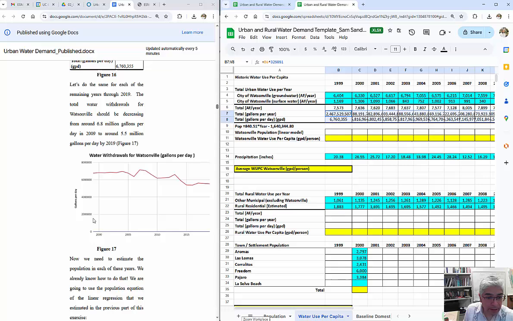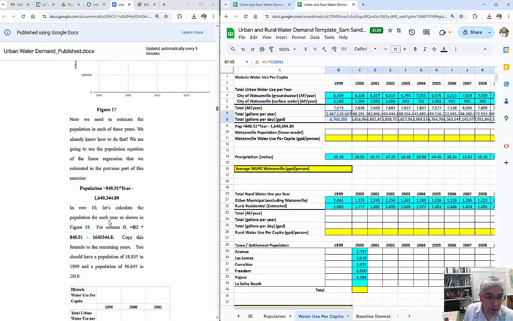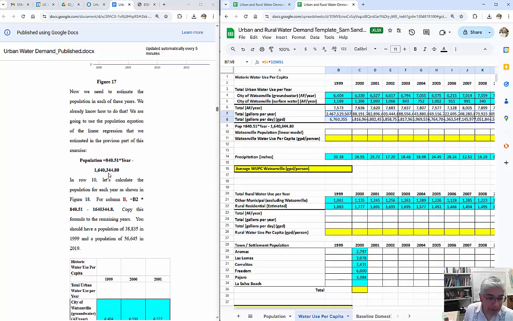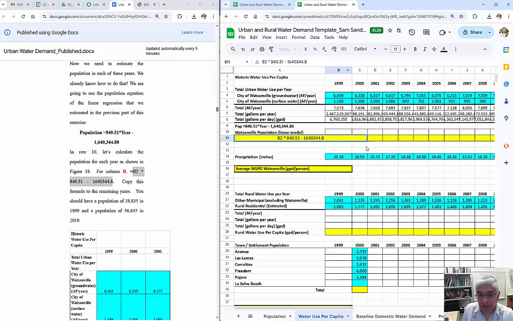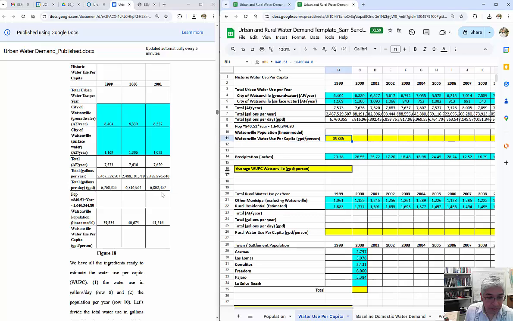Great. Now what we need to do is calculate the population, and the population is actually quite simple. So we know that here the population is the year times 840.51 minus that value. And in here we have this much.